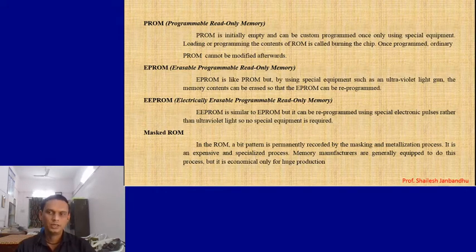The second one is EPROM, erasable programmable read-only memory. Erasable means when data is available on the ROM, it can be erased using an ultraviolet light gun, through which we can erase the existing content and rewrite or reprogram it.